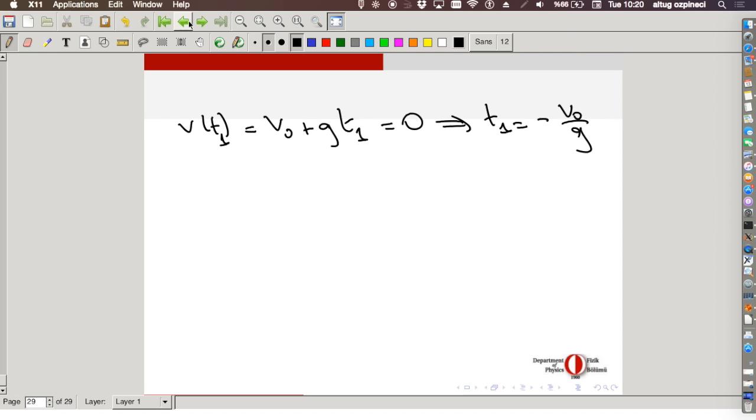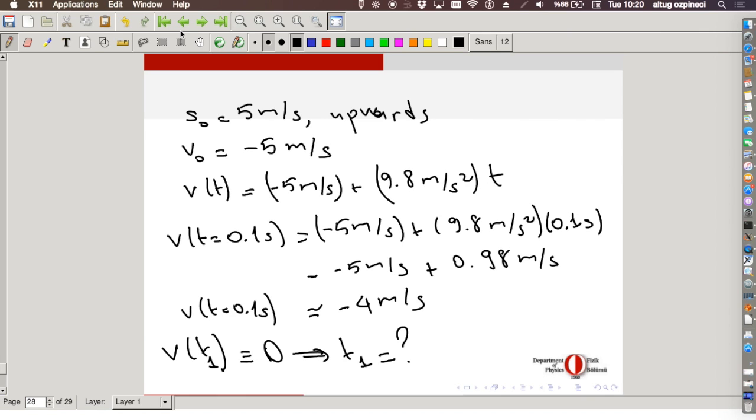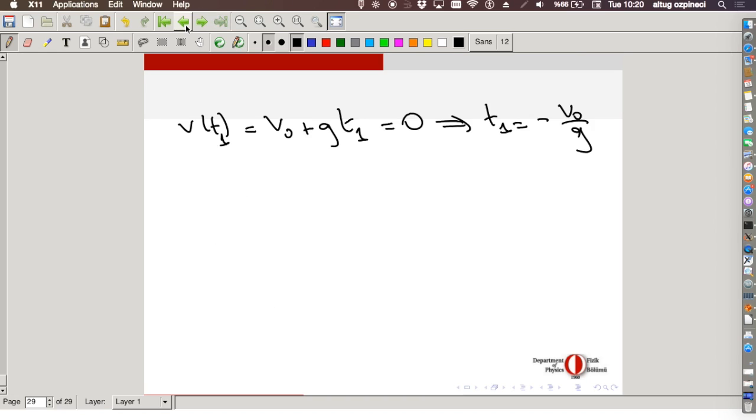Now the next thing, what about the position, the height of this object? Let's just say z of t is the position of this object as a function of time. We know the velocity, what about the position? Well, there are various things you can do. One thing we said is that the position is always the area between the velocity curve and the time axis.